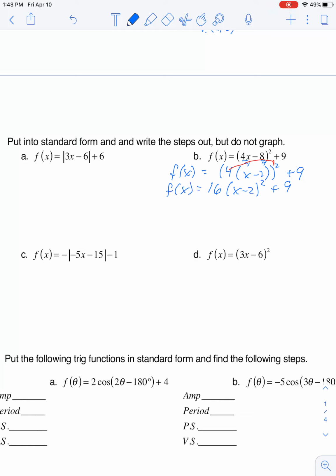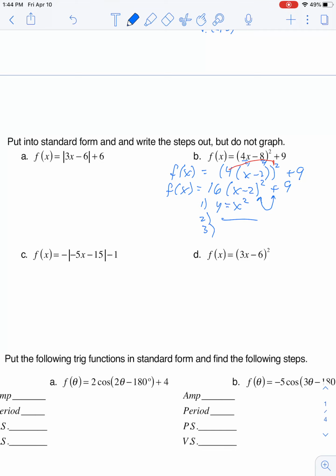All right, so my steps now. My parent function, again, is x squared. So I'll write y is equal to x squared, and it is a quadratic, so I'll put that there. The next thing I normally do is reflect in the x-axis, but there's no negative in front, so I'm skipping that step.